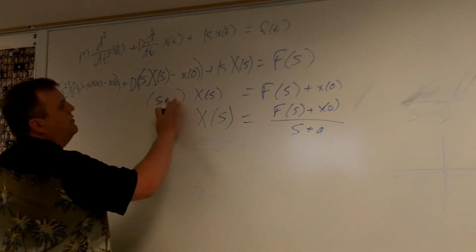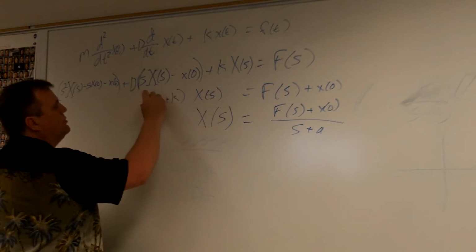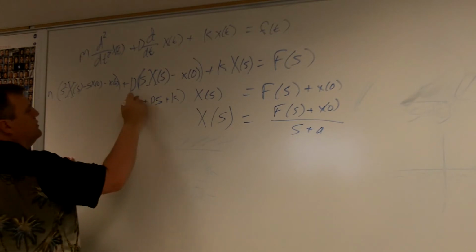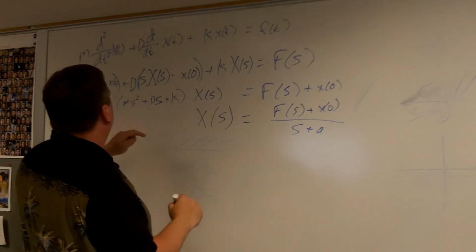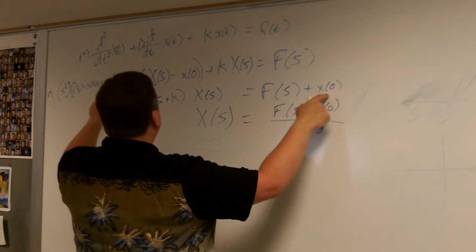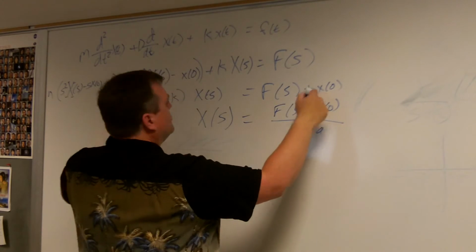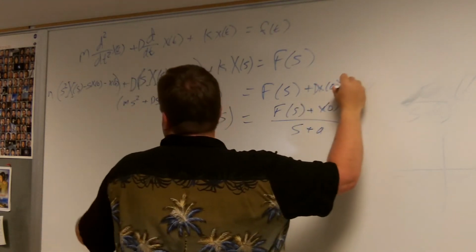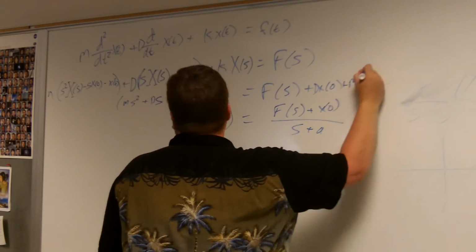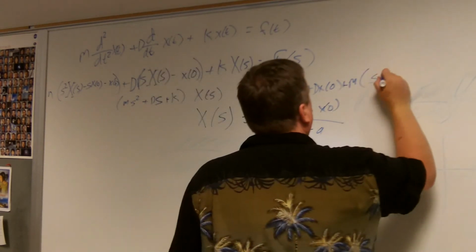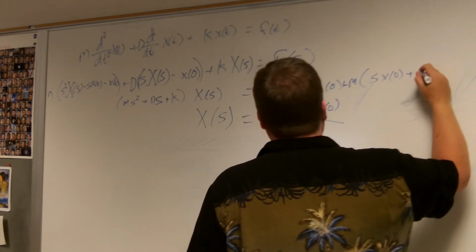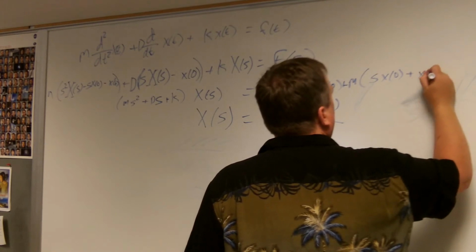Okay, so the next line, this becomes K here, this becomes a D, and I've got S squared times M inside. I still have the X0 that comes across. Now I also have X0 times D, and I've also got M times S X0 plus a X0.